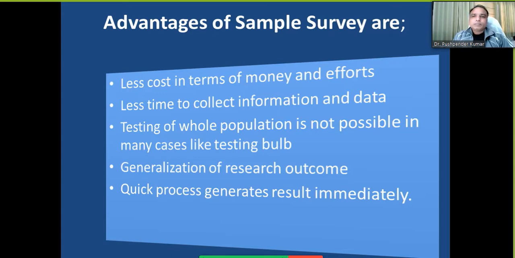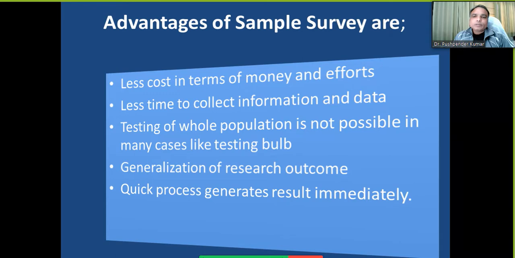The reason is simple. Here you can see the advantages of sample survey: less cost in terms of money and effort, less time to collect information and data, and testing of the whole population is not possible in many cases, like testing a bulb. For example, you are manufacturing a bulb and you want to see the quality of the bulb.